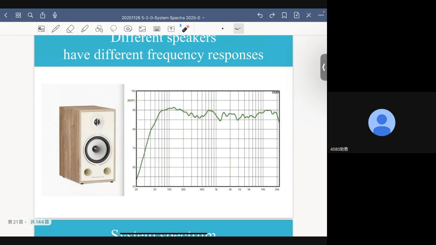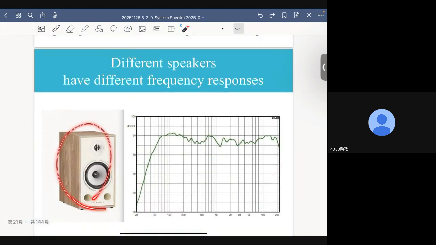And then I can plot the frequency response of, for example, this particular loudspeaker.